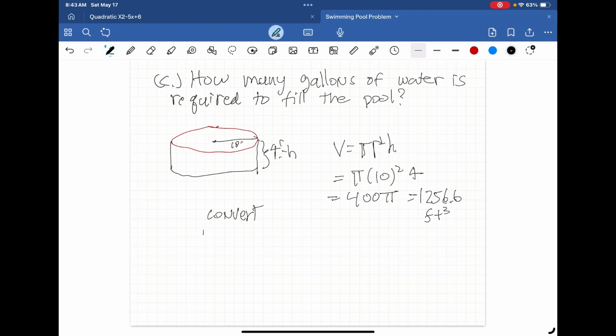So if we've got 1,256.6 cubic feet, the conversion factor is 7.48 gallons per cubic foot. Here the cubic feet cancel, so we're going to be left with this number times this number.